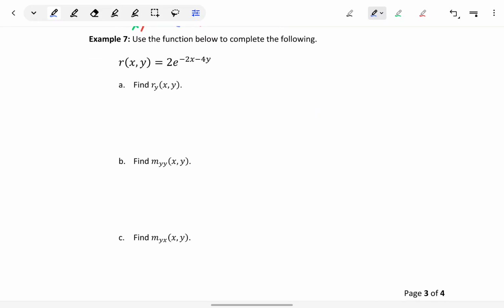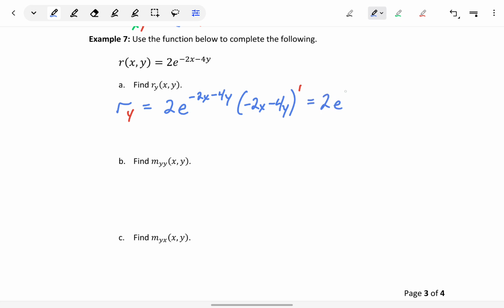In example 7, we again want to find the first derivative, this time with respect to y, meaning we'll find r sub y, which will be equal to 2e to the negative 2x minus 4y times the derivative of that interior function, meaning we're applying the chain rule, and we're differentiating that interior function with respect to y.